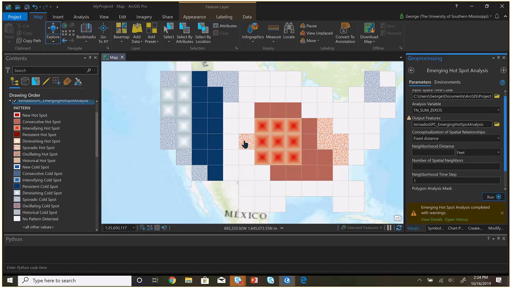Okay. What is this one? Oscillating hotspots. Sometimes it's hot, sometimes it's cold through time. Each 5-year period, we have sometimes hot, sometimes cold in those areas. And then these are consecutive hotspots, meaning that they're almost always hot in a 5-year period. So it is kind of interesting to look at. It's a different way to think about it.